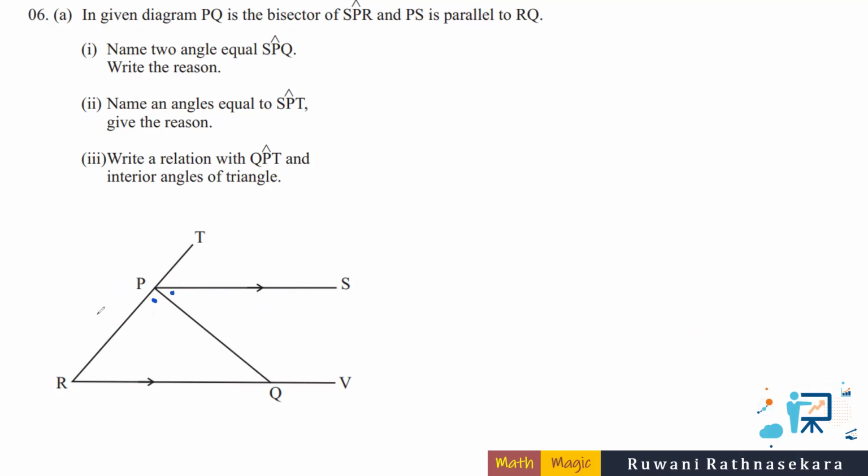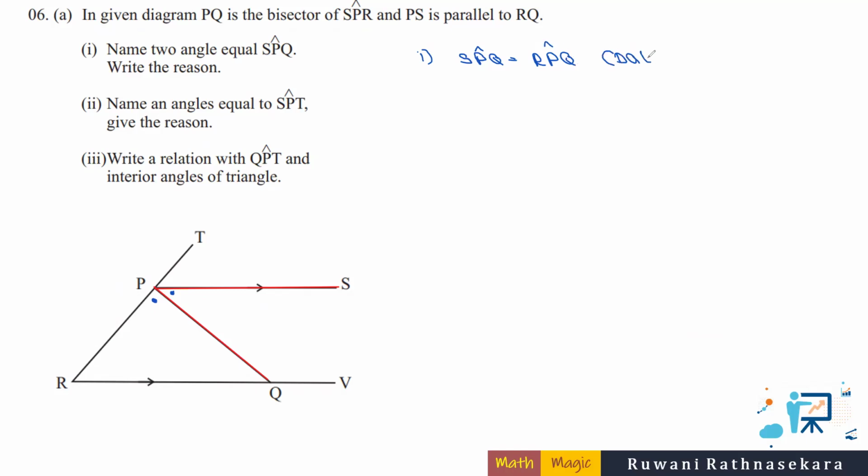And PS and RQ are parallel. You have to name 2 angles which are equal to SPQ. SPQ is this one, son. Sorry. This is angle SPQ. Right? Already you can see one angle which is equal to SPQ. Right? According to the data provided, Roman number 1, SPQ is equal to RPQ, that's data.